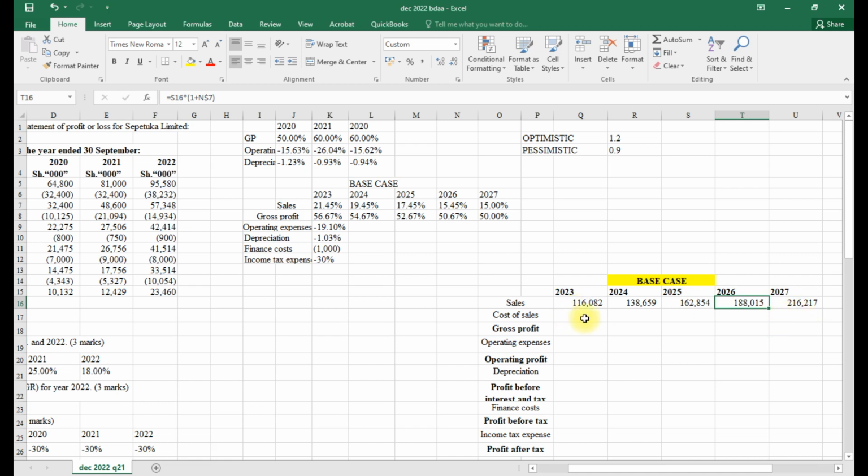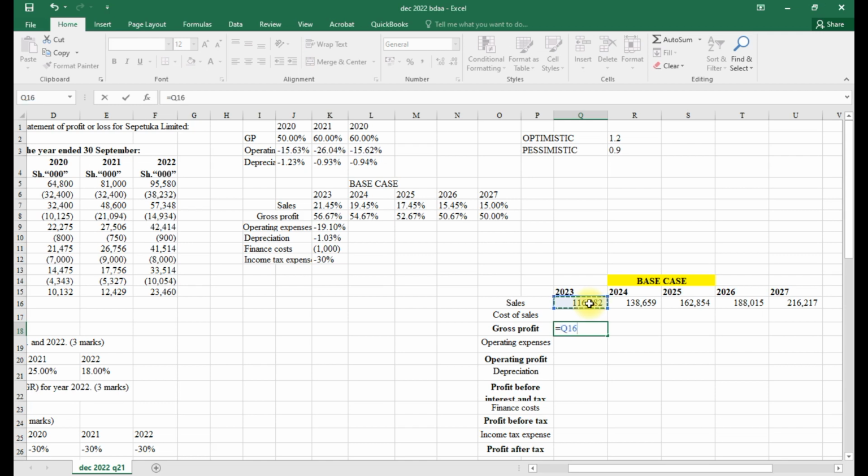Then we go to gross profit first. You can deal with the gross profit, and for the gross profit, it is growing at 56.67%, and it is on sales. We are calculating it on sales. So here, I will fully lock this.